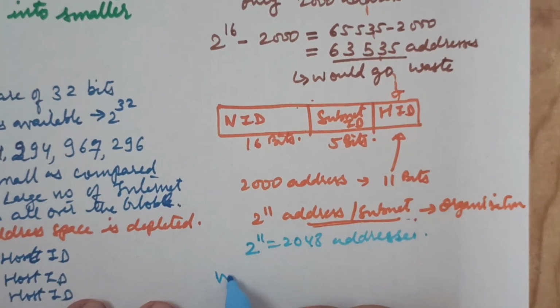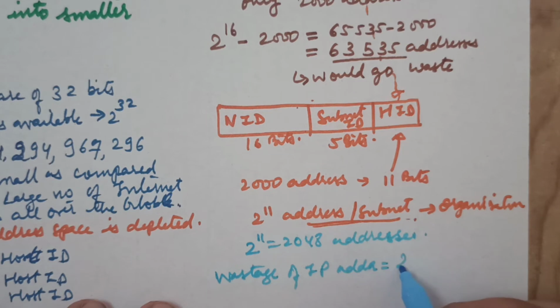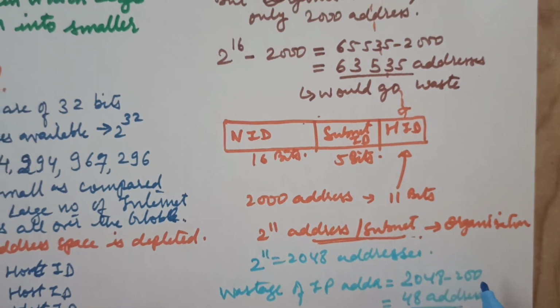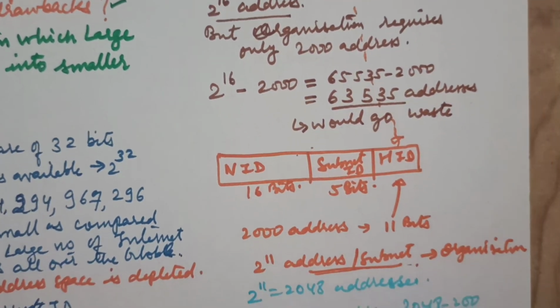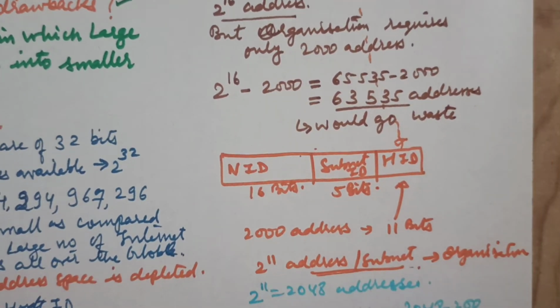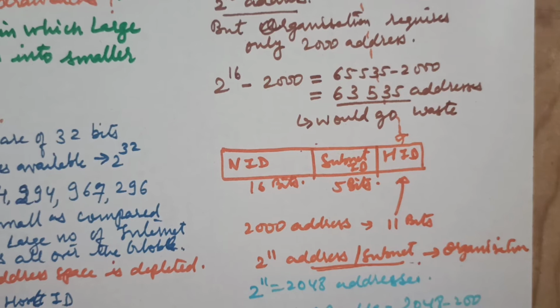Now here wastage of IP addresses will be equal to 2048 minus 2000, which is 48 addresses. Now this wastage is of 48 addresses, and the previous wastage without subnetting was about 63536 addresses. So this is one of the benefits of subnetting. It reduces the wastage of IP addresses and helps to overcome the IP address depletion problem.